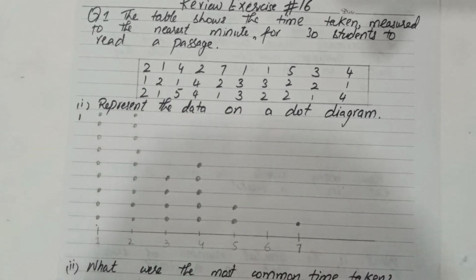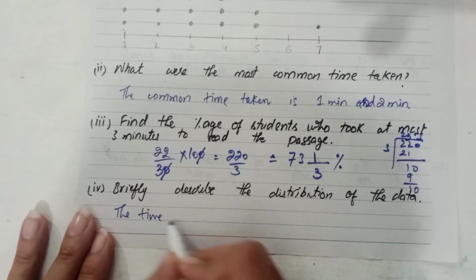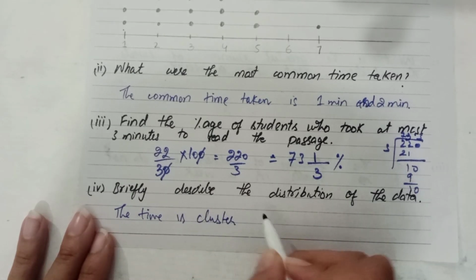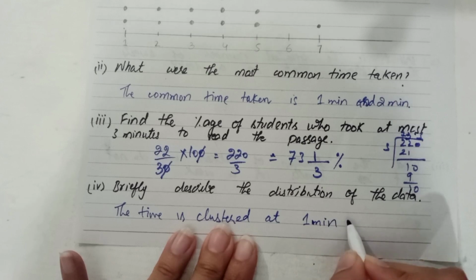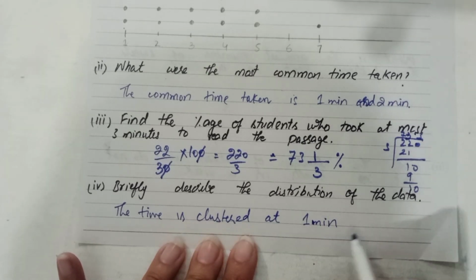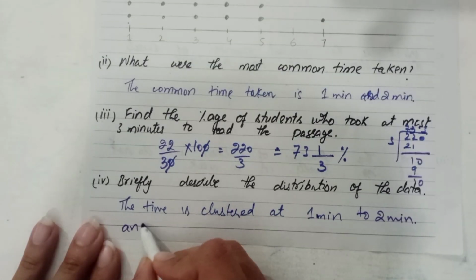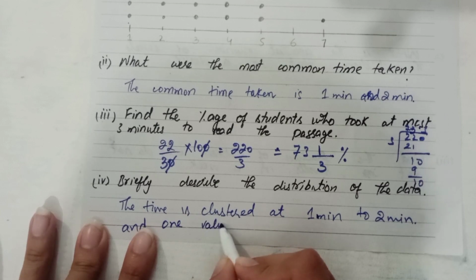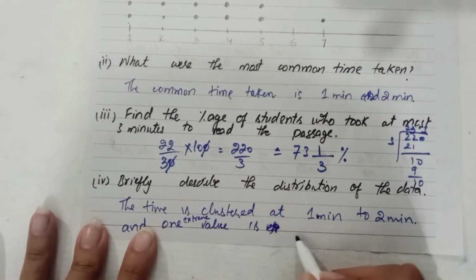We have to write like that: the time is clustered at minute 1 to minute 2, and one extreme value is 7 minutes. That is it. Now students, question number 1 is solved.